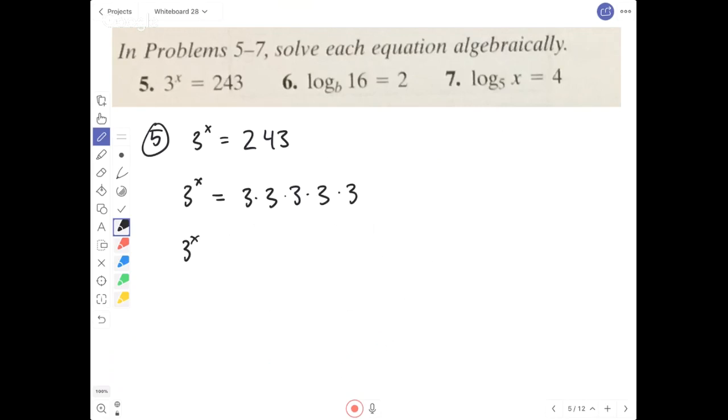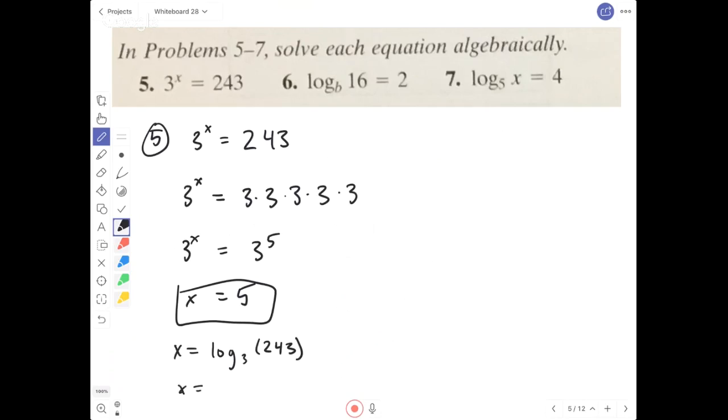So 3 to the x equals 3 to the 5th. Looks like x equals 5. And of course, I could check it with a calculator by saying x equals log base 3 of 243, and it would tell me that x equals 5. To check. Cool.